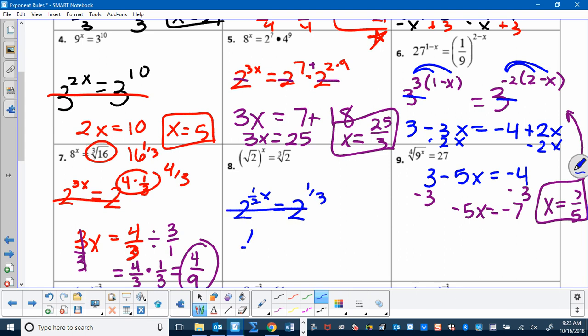Cross off the 2's. 1/2 x equals 1/3. You can also write that as x over 2. That's how I would write it, but I don't want to confuse you. How do you cancel out a fraction? This is a division symbol. What's the opposite of divide? Multiply, multiply. That cancels. 1x is not necessary. It's just x. 1/3 times 2 is 2/3.